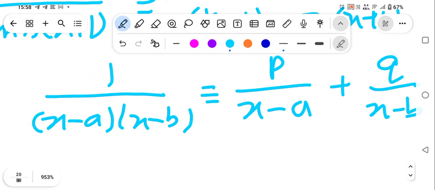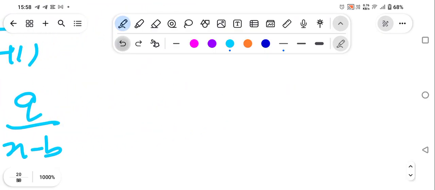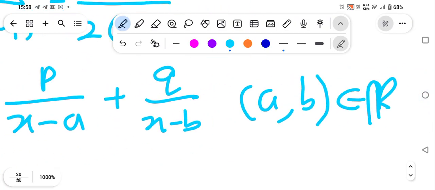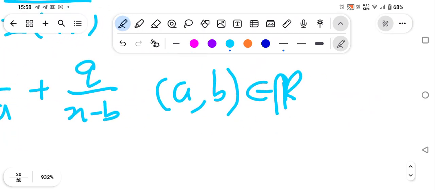So a and b can be any number, as long as it's real or complex. It can be anything.